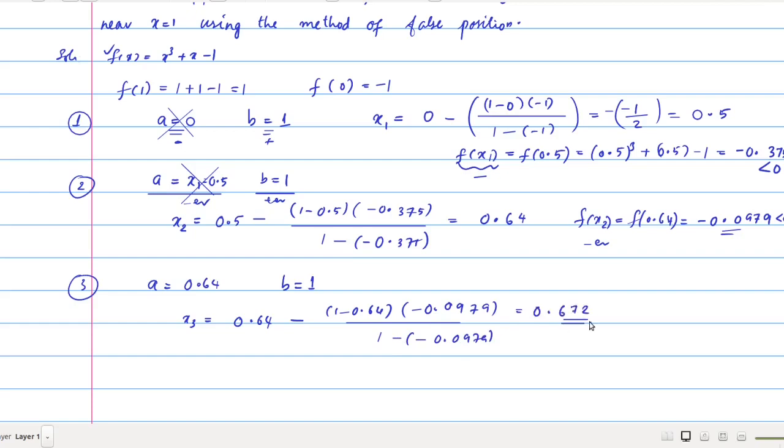Hence the root of f of x equal to 0 near 1 is 0.672. Or you can continue this process as needed for the correctness of places. So I stop here with the solution of f of x equal to 0. The root of f of x equal to 0 near 1 is 0.672.